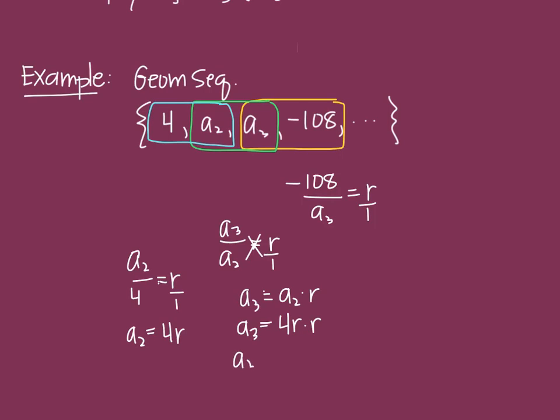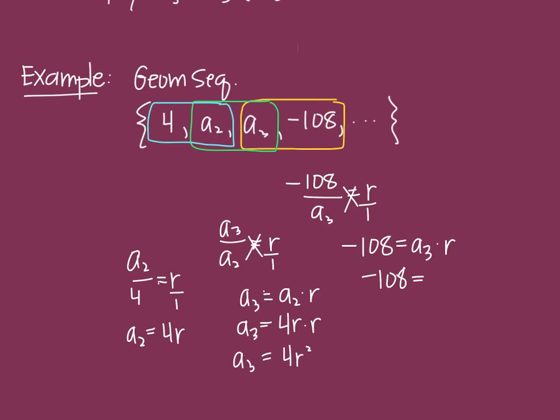So A sub 3 must be 4R squared. And then the last cross multiplication tells me that negative 108 is equal to A sub 3 times R. Well, I know what A sub 3 is from before.